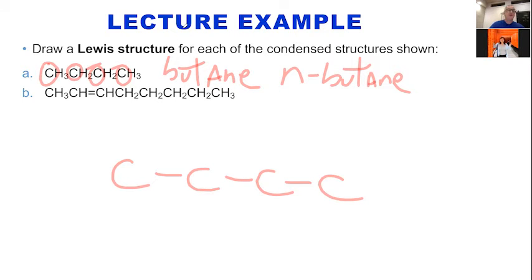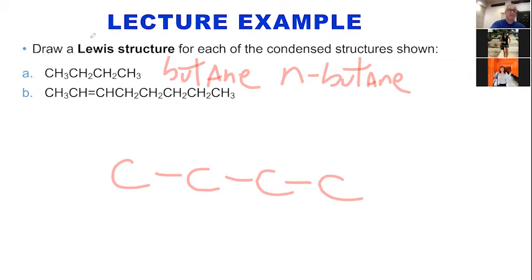And we also can tell just by looking at the particular way it's written, we can see how many hydrogens are attached to each one. Although we should be able to figure that out because each carbon makes how many bonds? 4. Always makes 4.